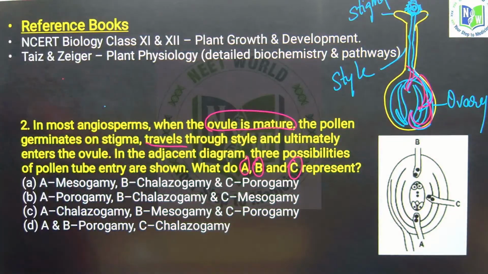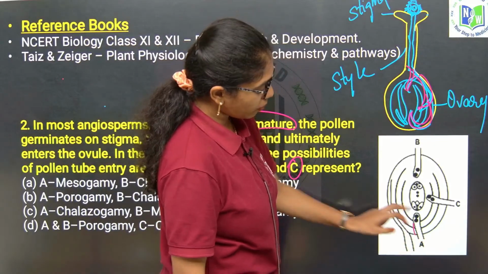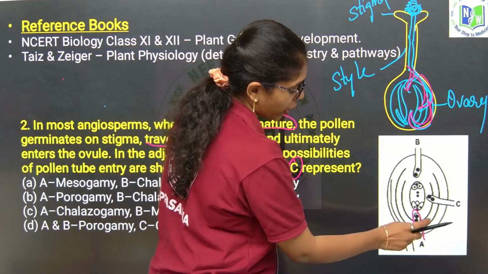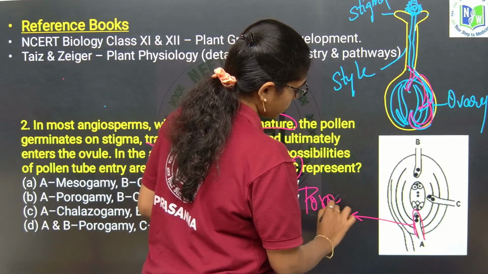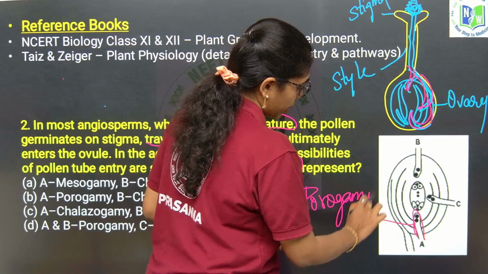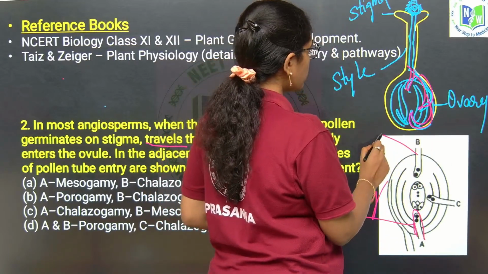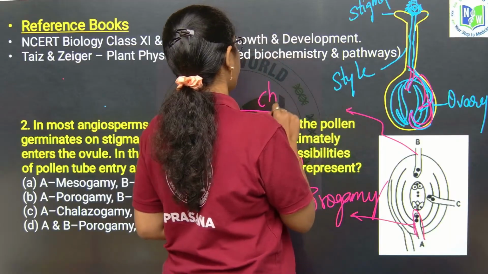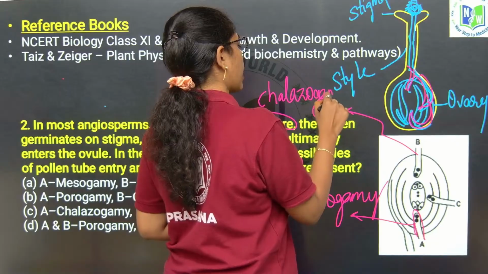So, here if you look into the entry of the pollen tube, A, B and C are given. A is through the micropylar end, so it is porogamy. B is through the chalazal end, so this will be chalazogamy.